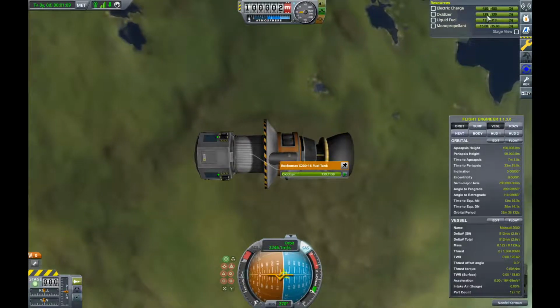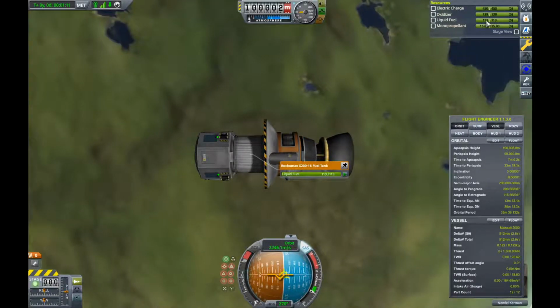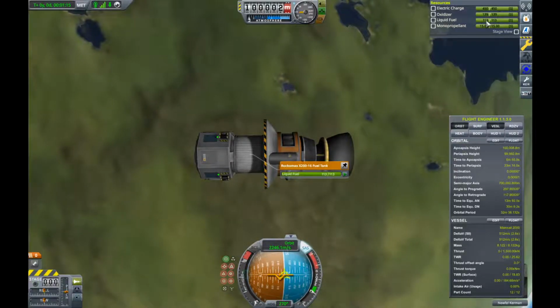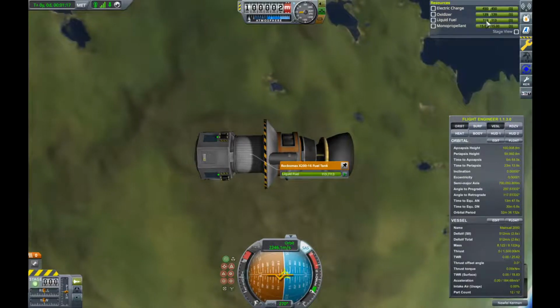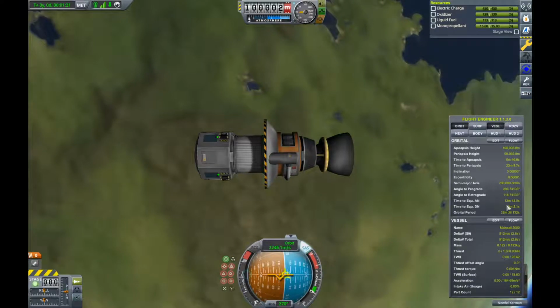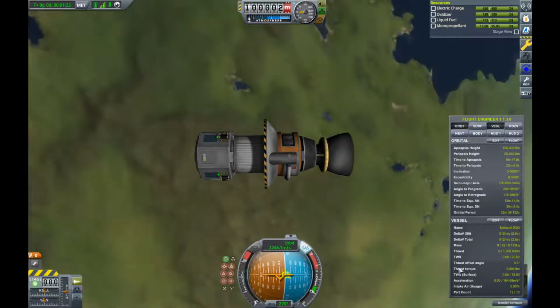We have 139 oxidizer and 113 liquid fuel. So we have like 5-6 times the amount of fuel, and a much larger engine, but we have the same amount of delta V.